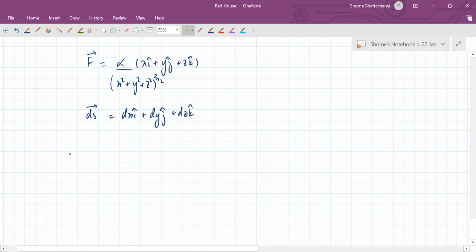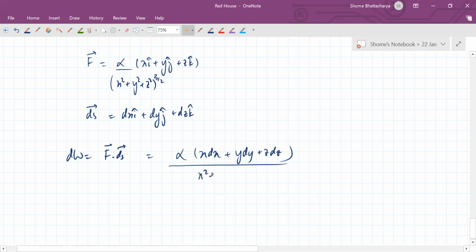So for a small displacement, the amount of work done by the force will become alpha into x dx plus y dy plus z dz upon x square plus y square plus z square to the power 3 by 2.